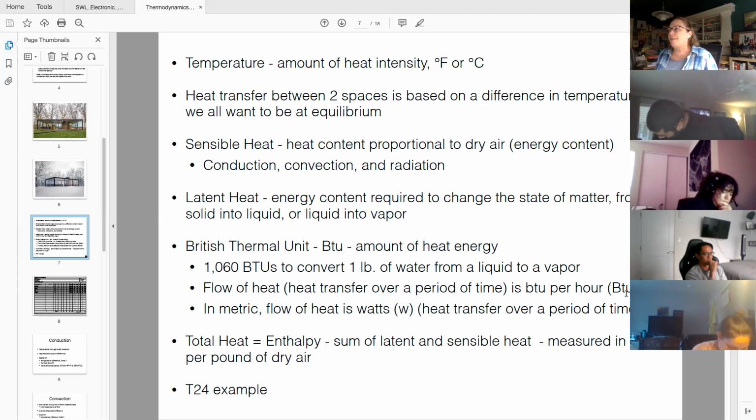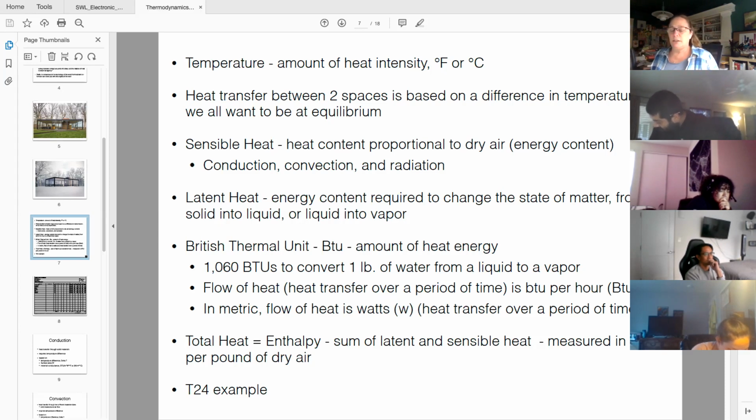And this drives me absolutely bonkers, but the convention for the flow of heat is BTUH, even though it's over a period of time. So it should be BTUs per hour. It should have a slash here so that you know it's over a period of time, but that's not how they do it in engineering, and it drives me nuts.